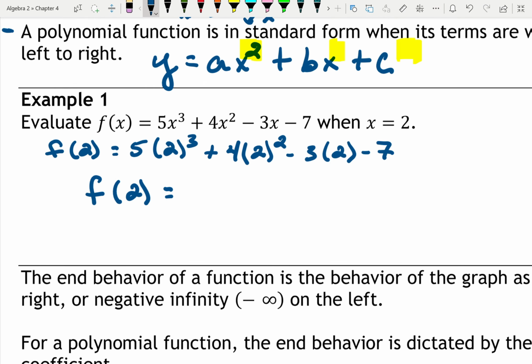And I typed that in the calculator and I got 43. And that's all we got to do. We just plug in and we get a number. That means, and what we're going to use in the next example, is that the point 2 comma 43 is on this graph here, right? If we were to graph that function, it would have the point 2, 43 on it.